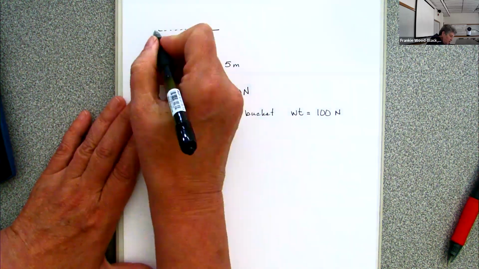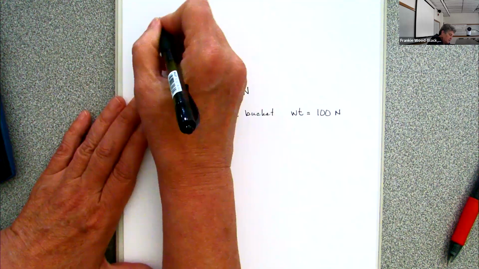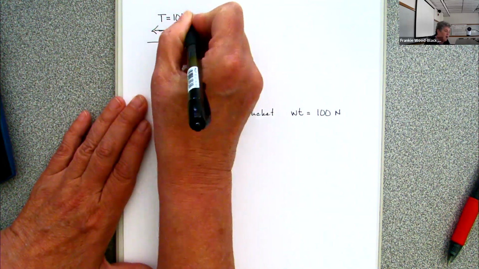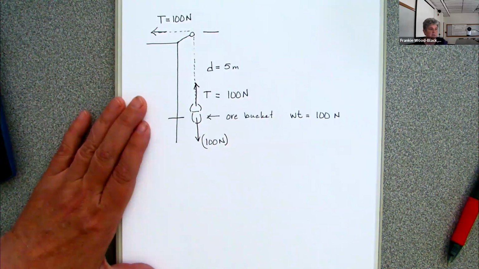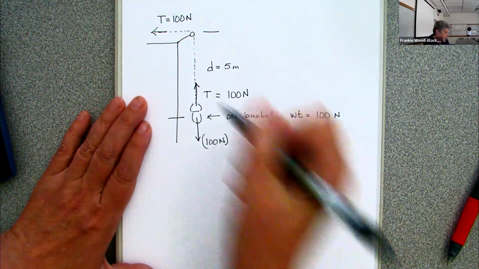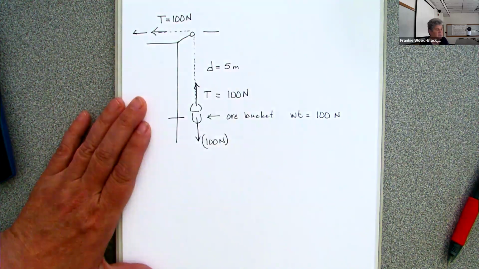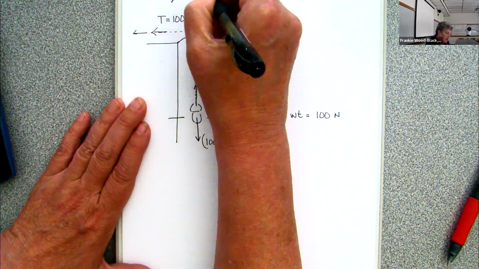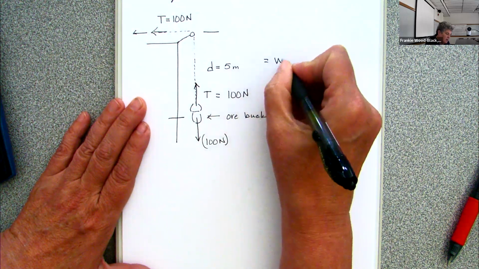But I can pull over here with my tension of 100 newtons, and all I want to do is keep the rope taut. And I can move this 5 meters. And the work that I did here has to equal the work that I did here.